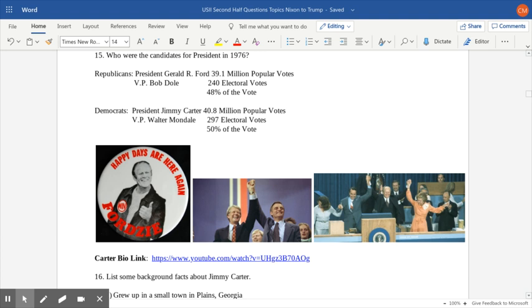It was a very close election, roughly 2% of the vote difference, and an electoral vote count that was very, very narrow. When you see 297 and 240, it kind of looks like a comfortable victory for Jimmy Carter. But in reality, if any one state or more than one state totaling just 30 electoral votes had switched from Carter to Ford, Ford would have been elected president in 1976.